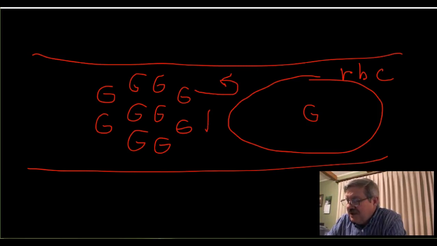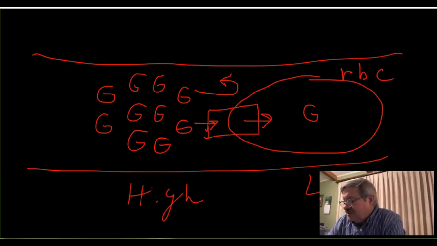So we have to have a special protein right here that allows this glucose to pass through the protein. And the glucose is going from where it's in high concentration to where it is in a low concentration. So it is going downhill.